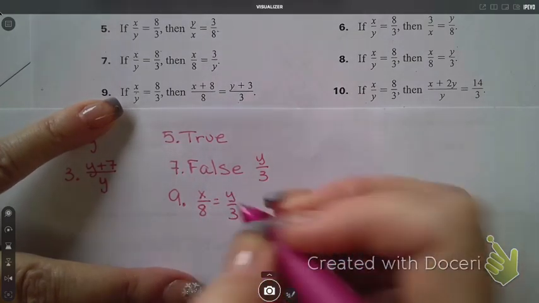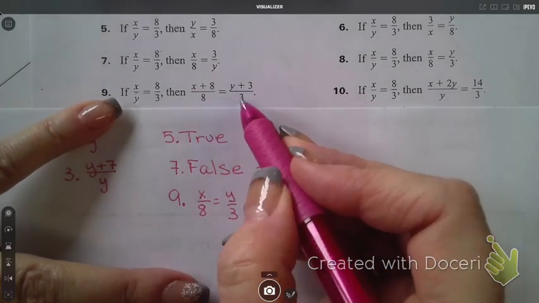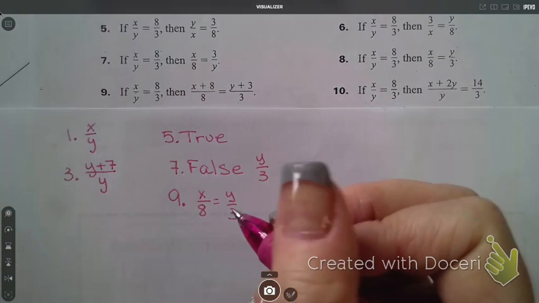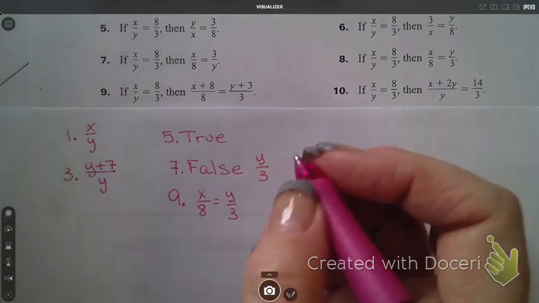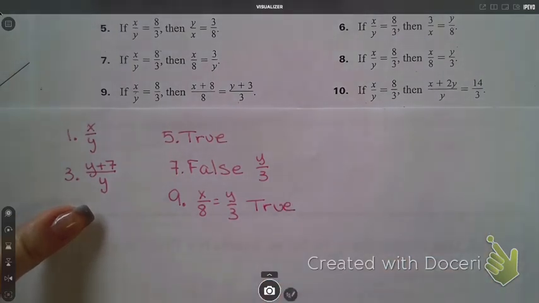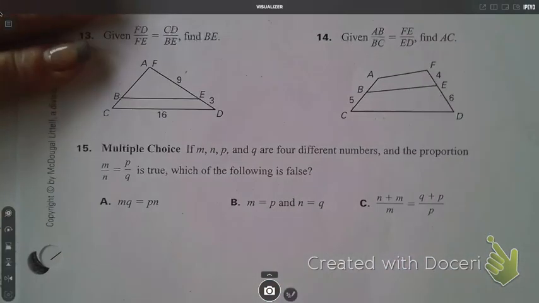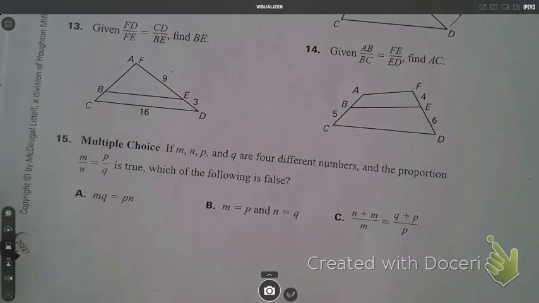Yeah. So then would that go with x plus 8 over 8 and y plus 3 over 3? Yeah, so they used 2 rules, didn't they? So it's true. Some of them are a little tricky. On the bottom is what we just got done doing, and then multiple choice is that.